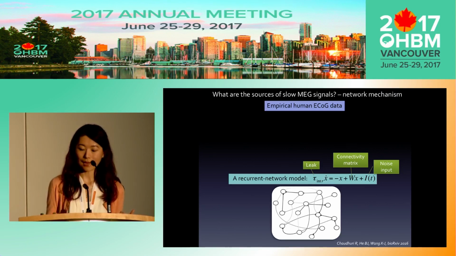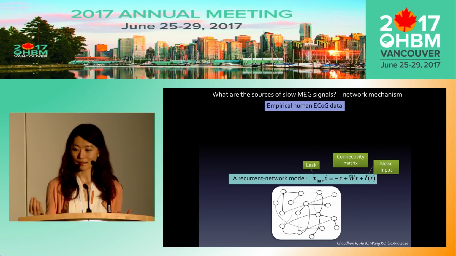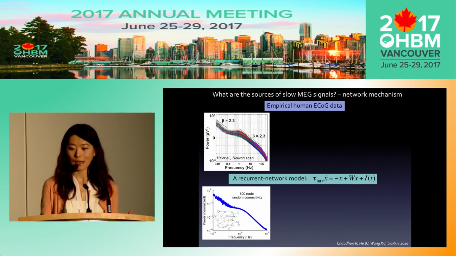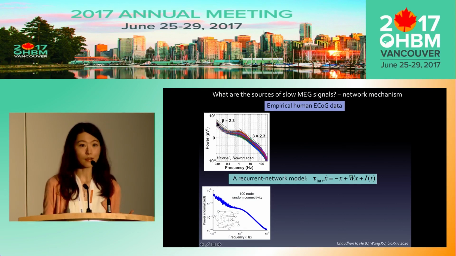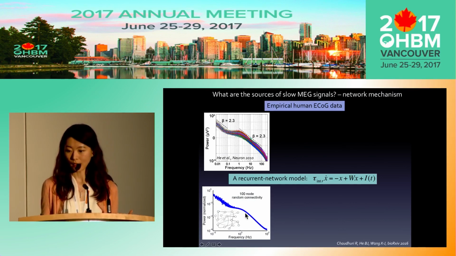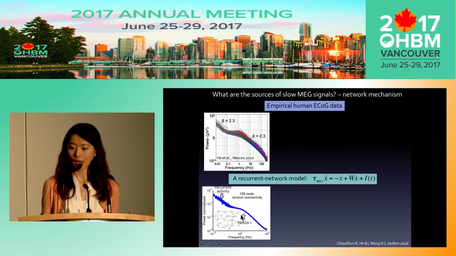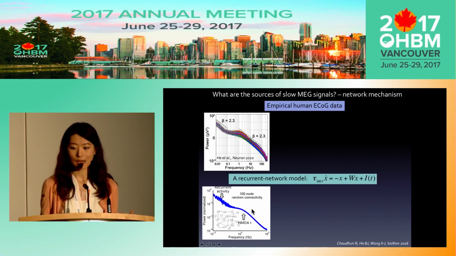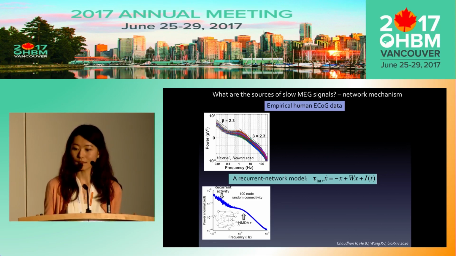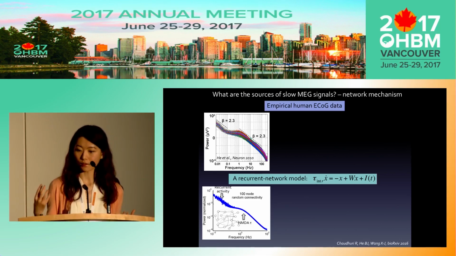We found that when this network is balanced, in the sense that excitatory activity balances out the leak plus inhibitory activity, it produces a power spectrum that is very similar to the human ECoG power spectrum with this tripartite shape. So now with the model, we can tease apart what the mechanisms are. This knee around 1 hertz, 1 to 10 hertz, is contributed by the NMDA receptor's time constant in the network, which is relatively slow, but biophysically plausible.